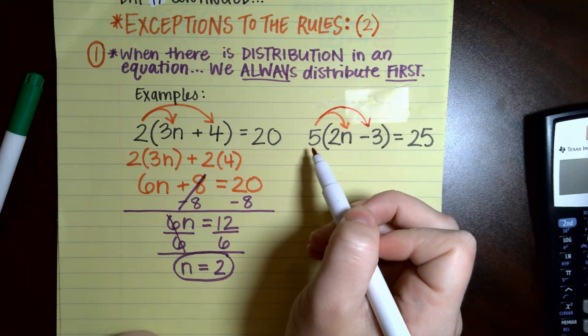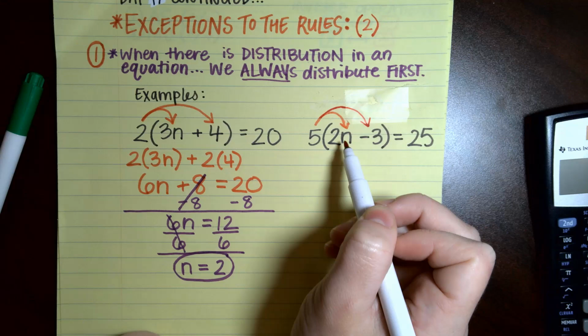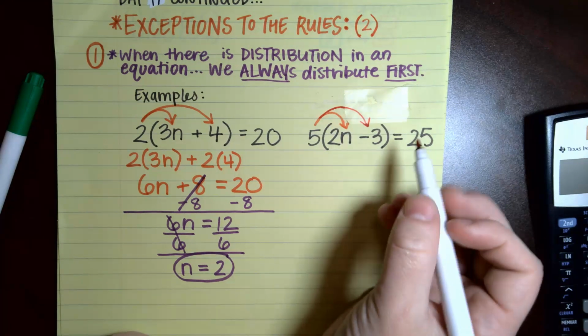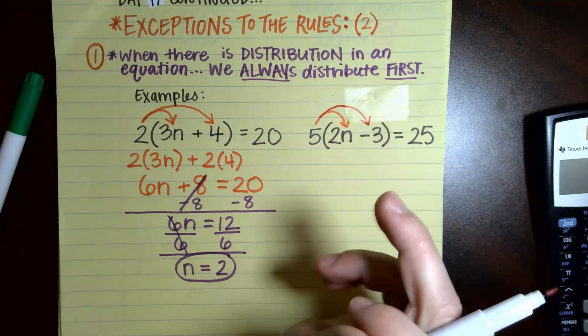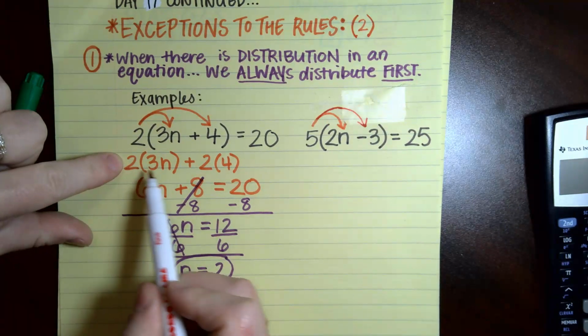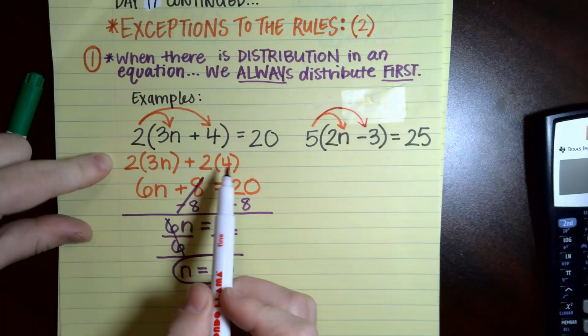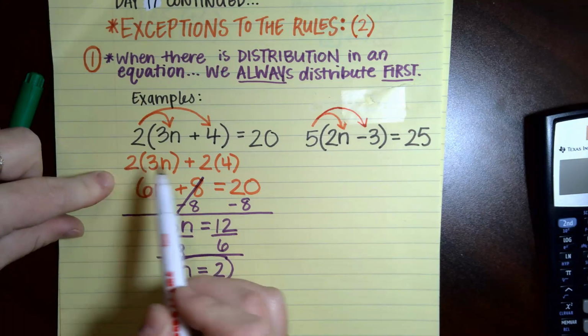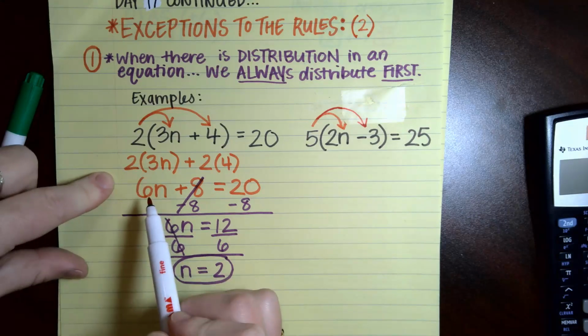Okay, so now we have our arrows to show that we are distributing. So I'm going to start with 5 times 2n. What is that going to be? 10n. So because I know you guys know how to distribute, I'm not going to write out this second step. The first step was just to remind everyone that this is really what we're doing in the process. We're doing 2 times 3n to get 6n.